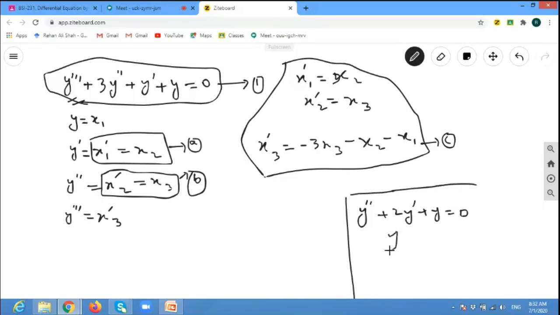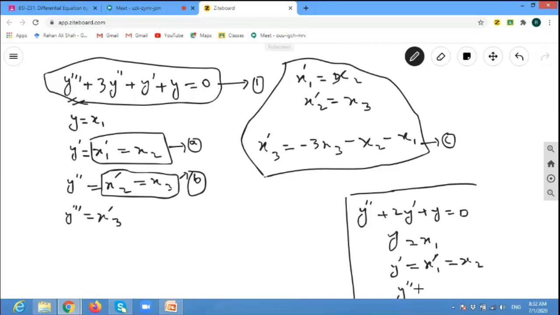Let y equal x1. Then y dash will be equal to x1 dash. Where a derivative comes in, let us take another variable, that is x2. So y double dash will become x2 dash.